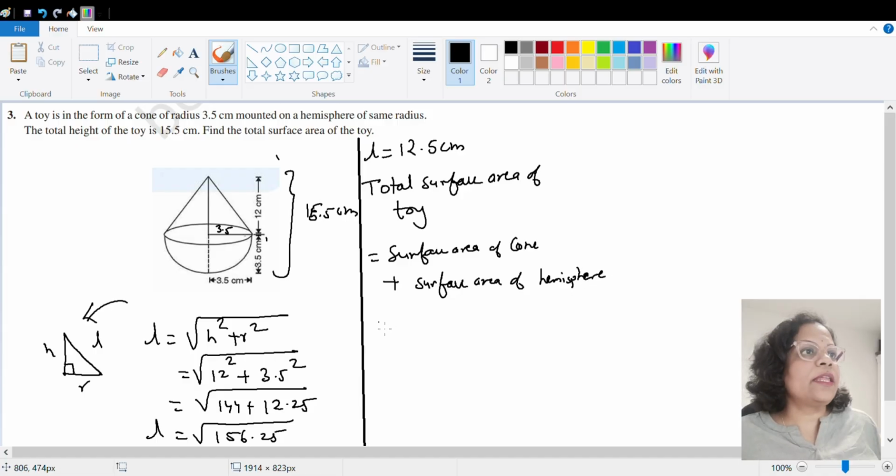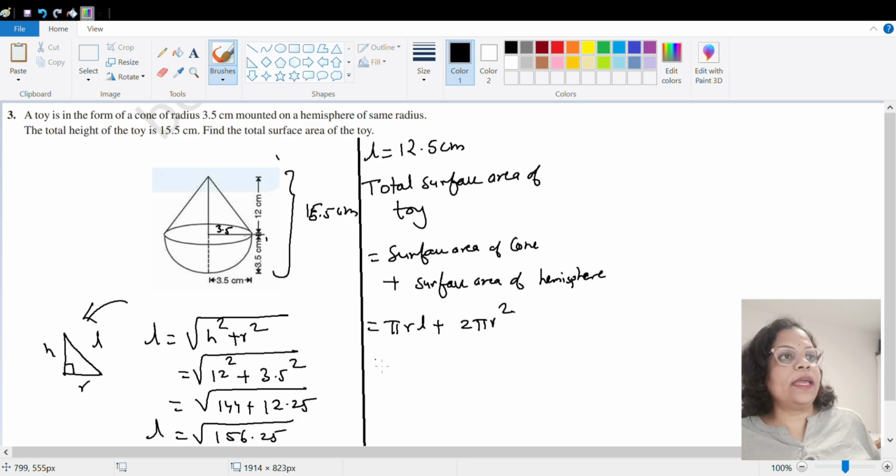Surface area of cone is given by pi r l, and surface area of hemisphere is given by 2 pi r square. So you can take pi r out, and you are left with l plus 2r.